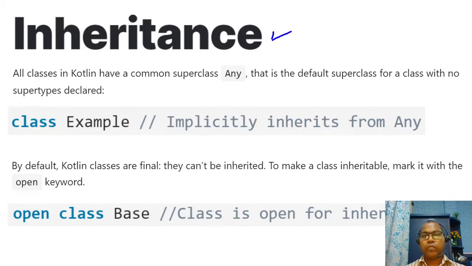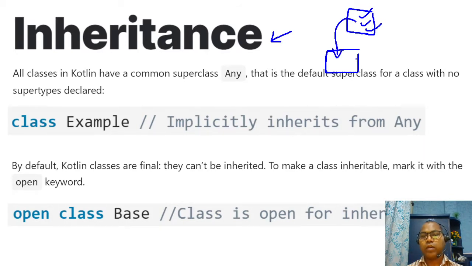So first, inheritance is a basic object oriented programming principle. The definition of inheritance is, let's say we have one class that has defined some fields, some properties, some functions, and another child class wants to inherit some fields and some functions.